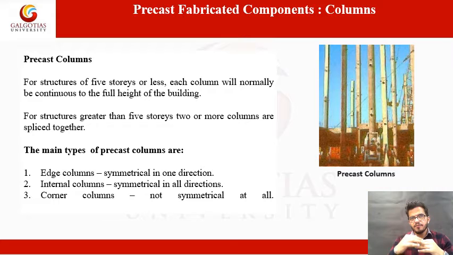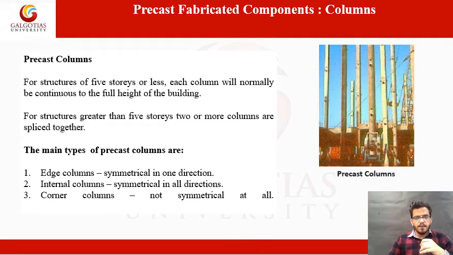But when the building height is more than 5 stories, the number of columns that are spliced together can be more than one. When the building has fewer than 5 stories, a continuous column can be used, which can be fabricated or customized according to the design.